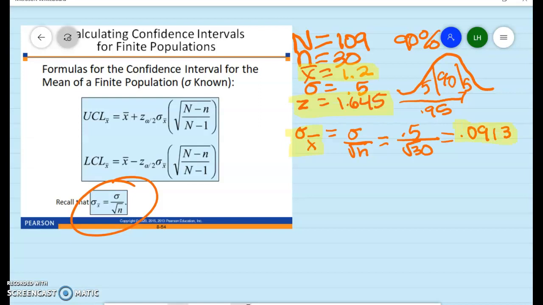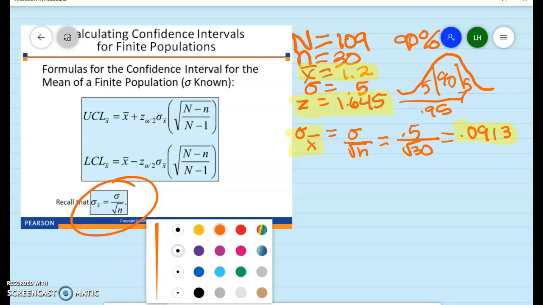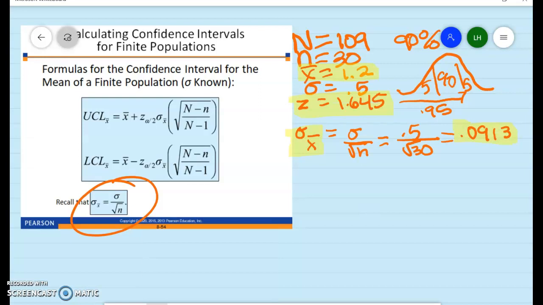We have an extra piece that we have to get because it is a finite population, and n divided by capital N was bigger than 5%. So we're going to do the square root of 109 minus 30 over 109 minus 1. 109 minus 30 would be 79 divided by 108.